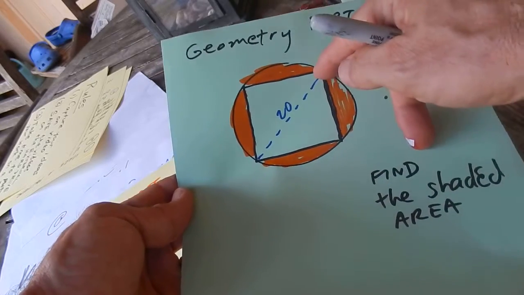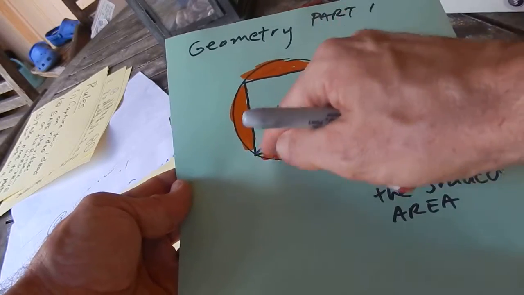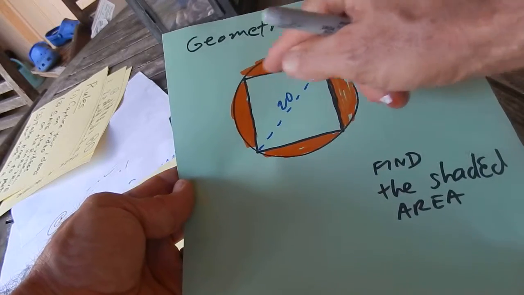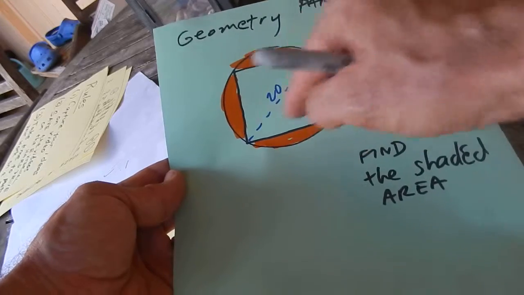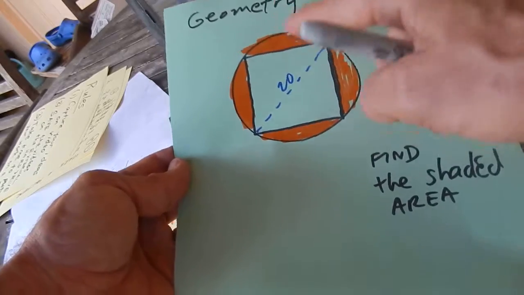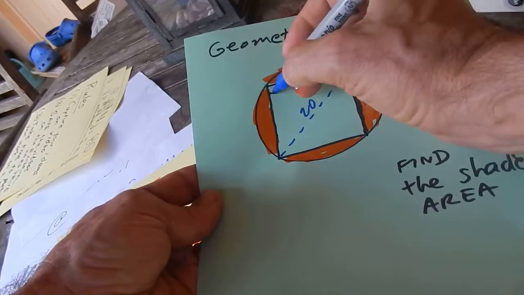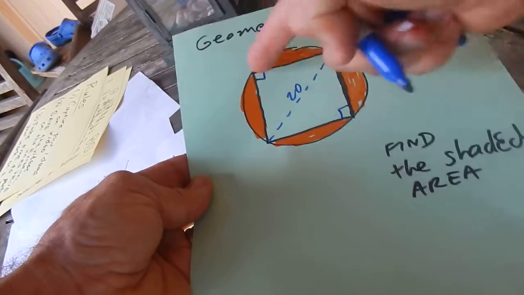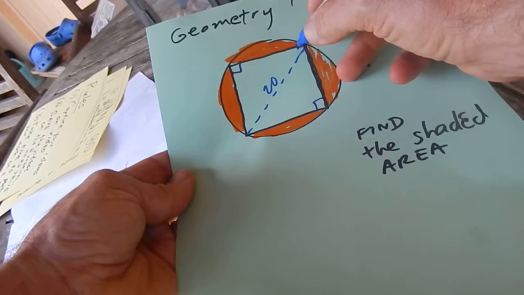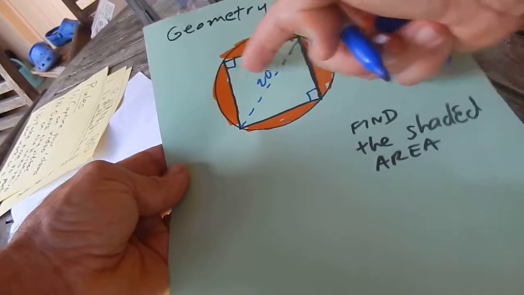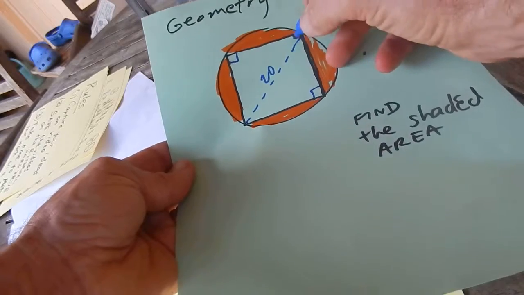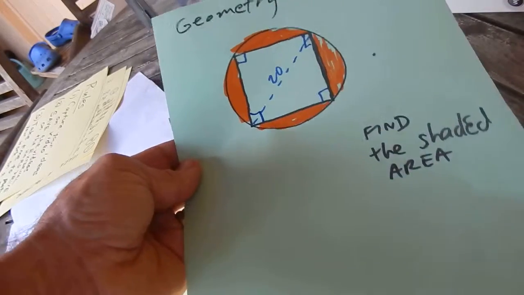And could you use the information of this diagonal to figure out the length of those two? Now, this is a square, so I'm giving you that hint. We're going to put right angles there. I'll confirm that those two are right angles.